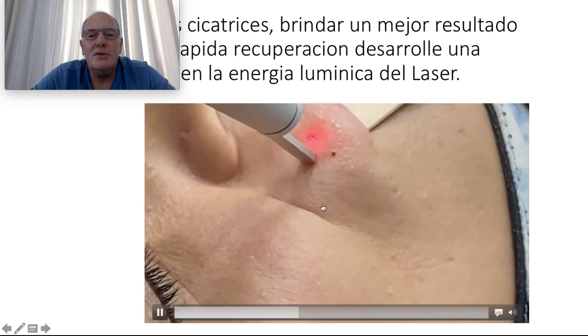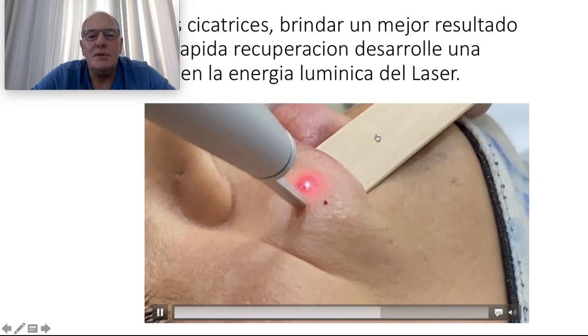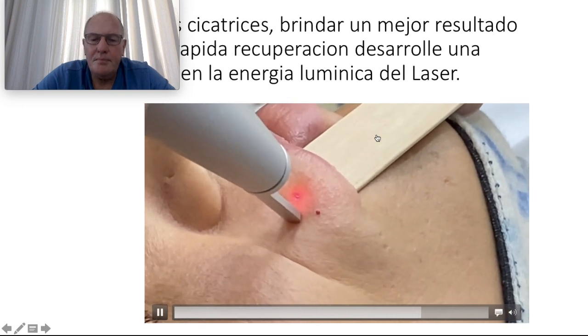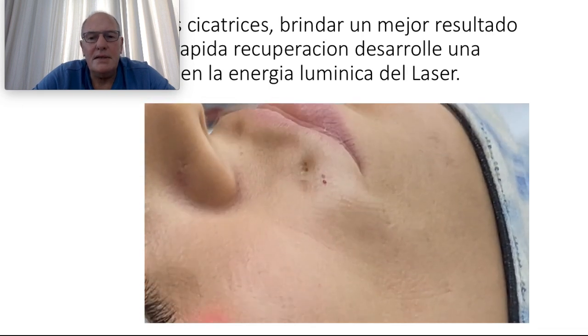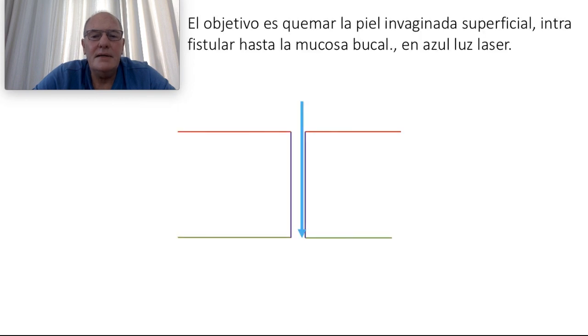And for this reason, I put this protection on the mucosa. You can see here the crater, and this is the way the light of the laser not only burns the superficial part, but also burns the full fistula.